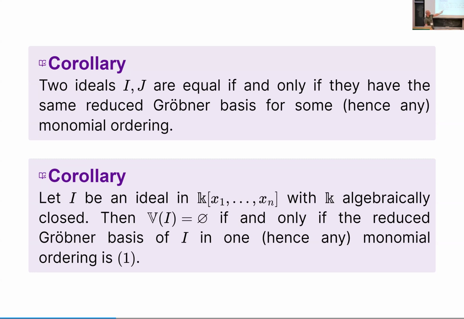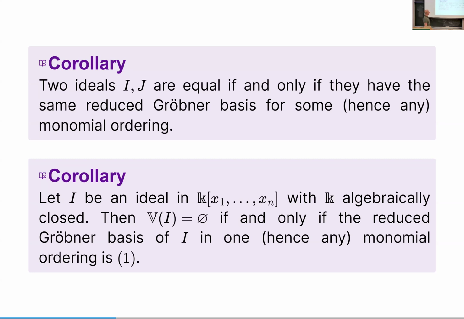One direction, going from right to left, is easy, and that's the Grobner basis stuff. The other one is not trivial. You might have heard of the Nullstellensatz theorem, so there's more going on here. But maybe the new part, if you haven't seen it before, is the Grobner basis side of things. Sometimes this is called consistency: whether your system of polynomial equations even has a solution or not.